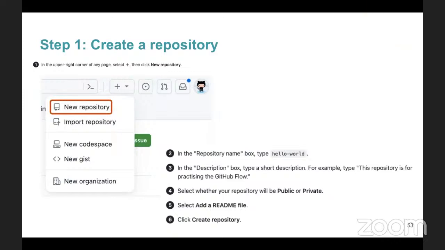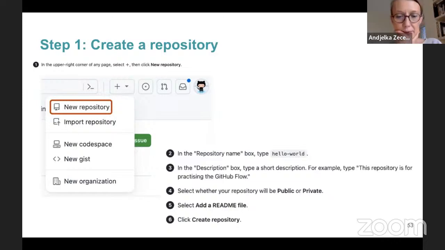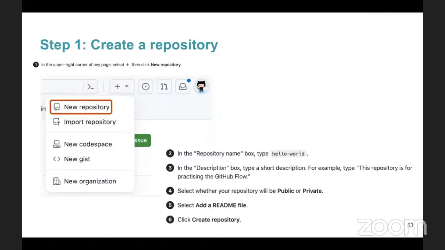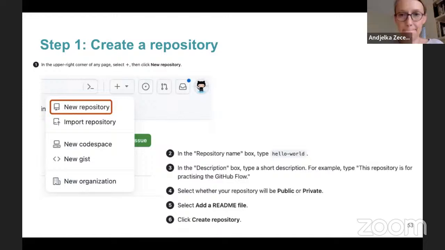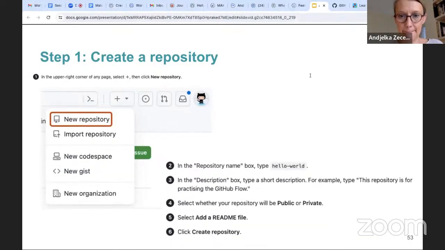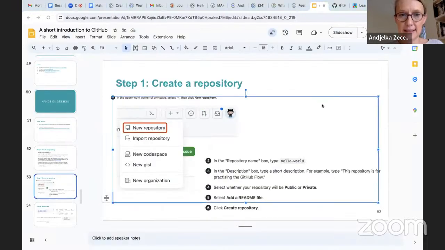Sorry, but we don't see it. That is strange. Okay, I'll try to share my screen because I've just done that. Exit from the slideshow. That would be the solution. Can you see the screen now?